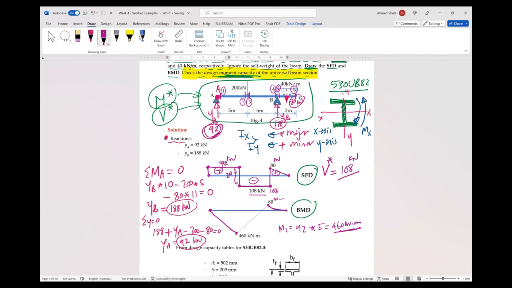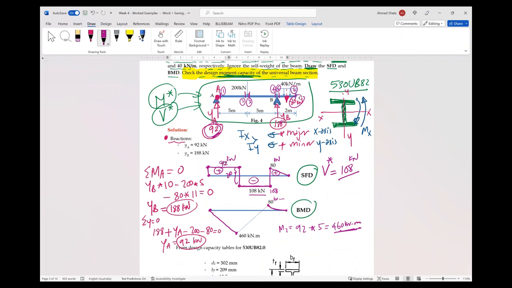Okay. Why above the datum, not below the datum? Do you have an idea why above the datum, not below? No?